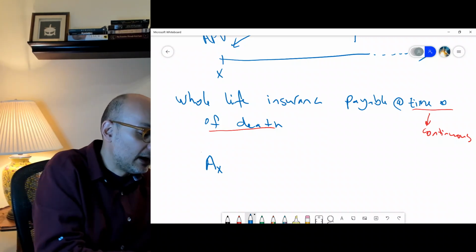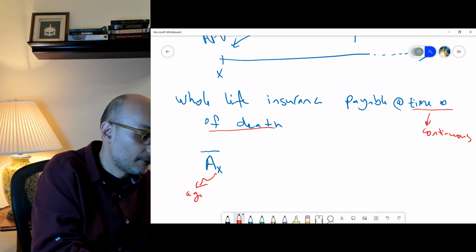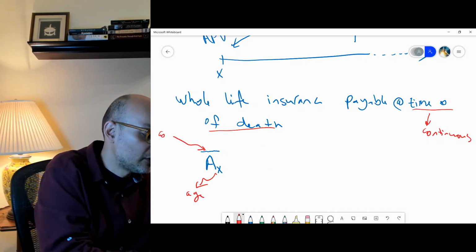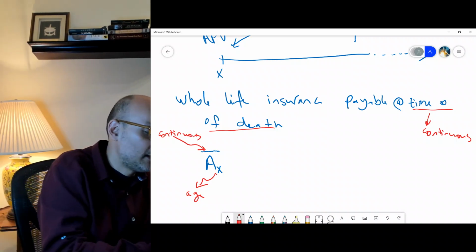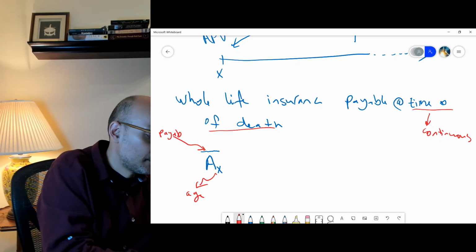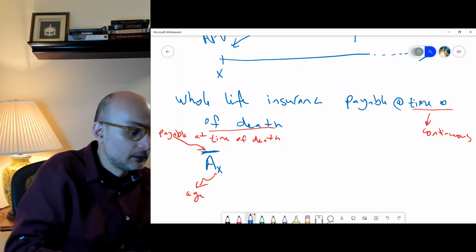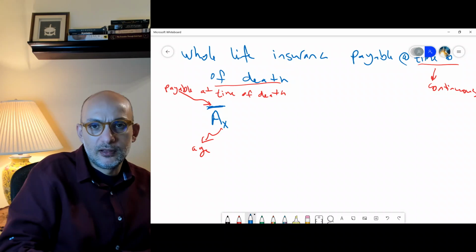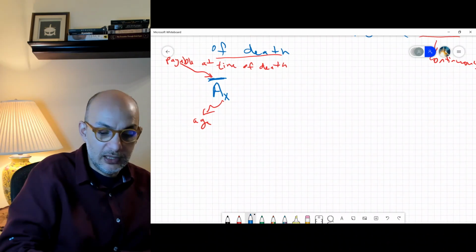We will have a bar here, and this is for continuous, to say the payment occurs at time of death, payable at T. So it's capital A, subscript X for the age, and the bar is to say it's continuous.